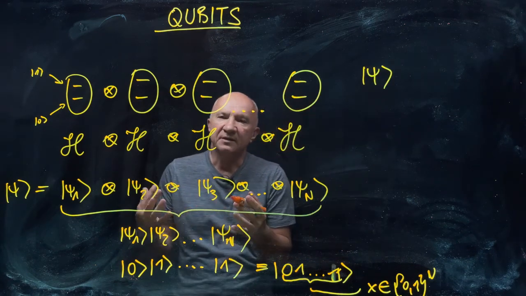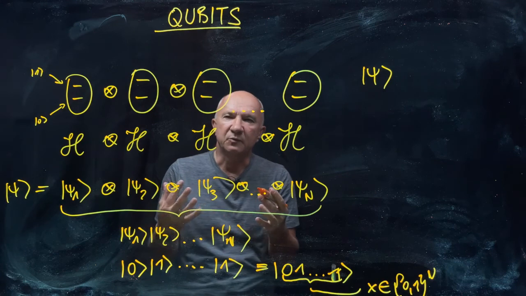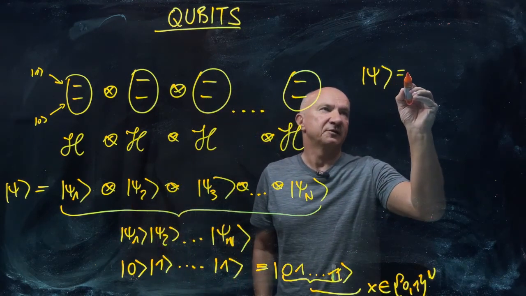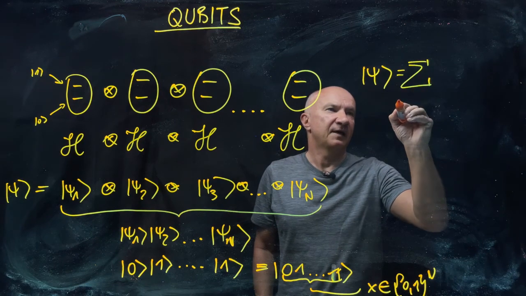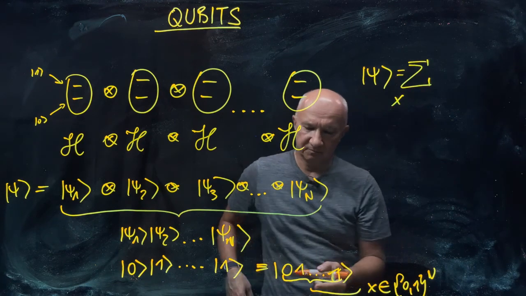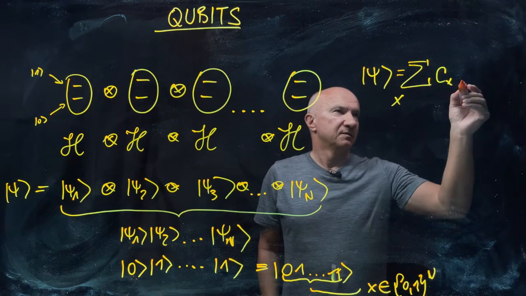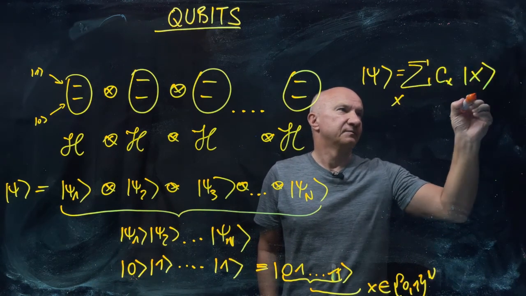can be written in terms of a superposition of states from this computational basis. So let me just write it as a sum over x, where x are those binary strings, c_x, x.